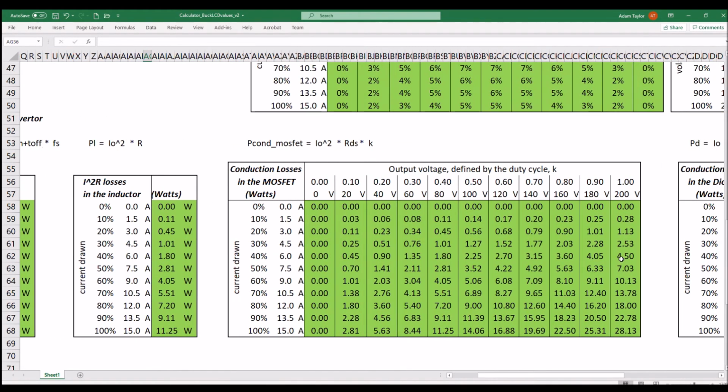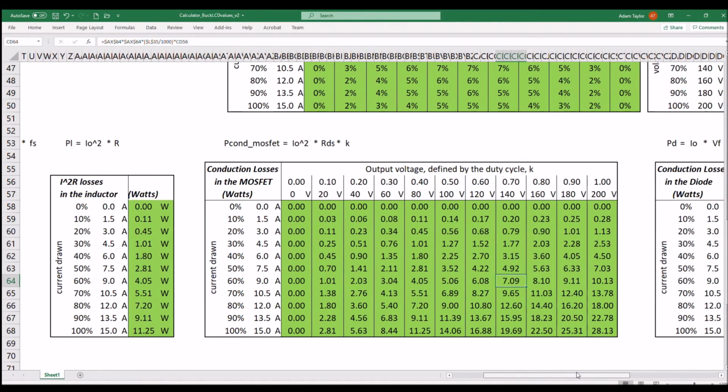We can see here that when the buck converter is drawing maximum current and at maximum output voltage, the conduction losses in the MOSFET are 28 watts. Again, quite significant. But if we ease it back and only draw, say, 9 amps, at only 140 volts, we would end up with only 7 watts being dissipated through the conduction losses in the MOSFET.